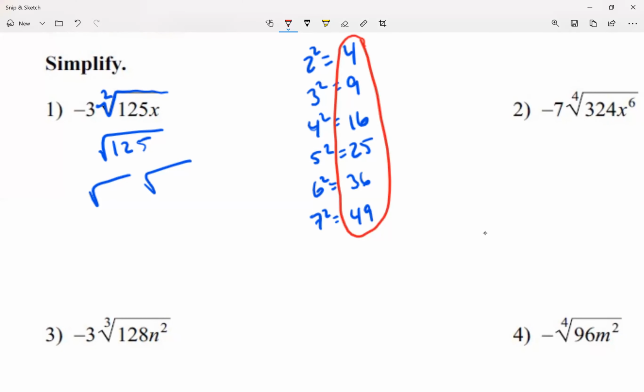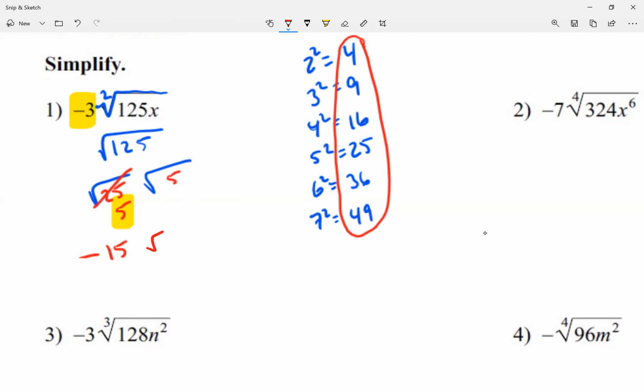In my case, I want to think 25 times 5. 25 times 5 is 125. 25 comes from my list because I know the square root of 25 is just 5. So I was able to get a perfect square. Now, this 5 with the number that was outside to begin with, in this case a -3, let me multiply those out. 5 times -3 gives me -15.